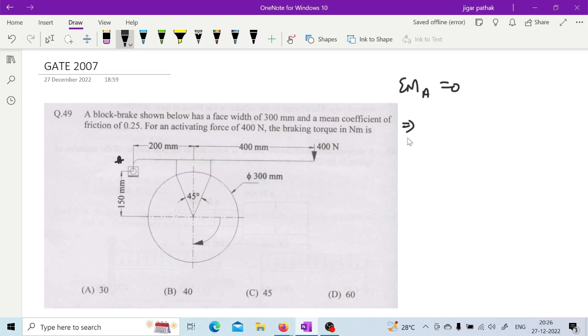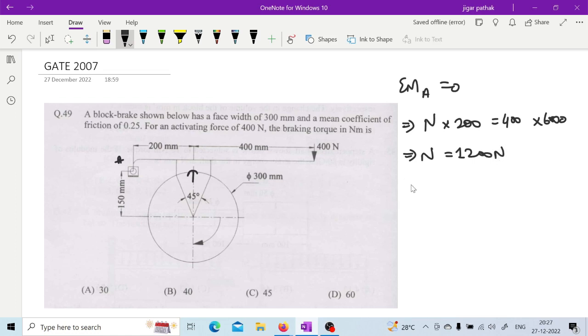Okay sir. Is it applicable? For 45 degrees we can go with the short shoe only. Okay, sir. So this N into 200, where N is going to be applied at this point, can be equated with 400 into 600. So from this you can first calculate N. It will be around 1200 Newton.